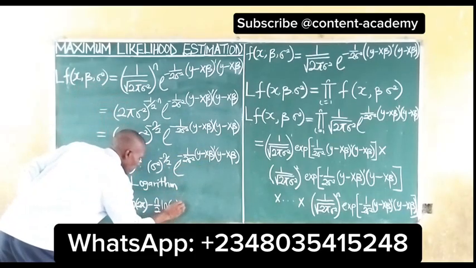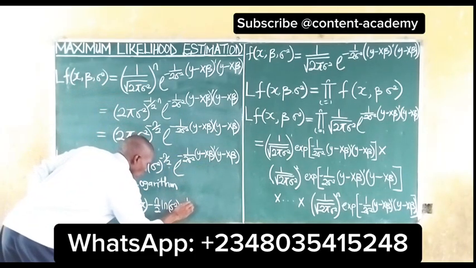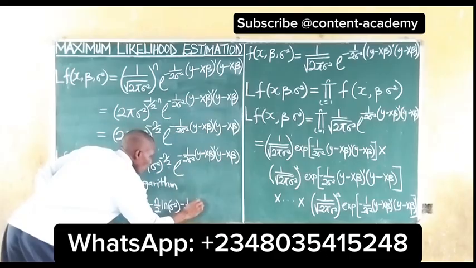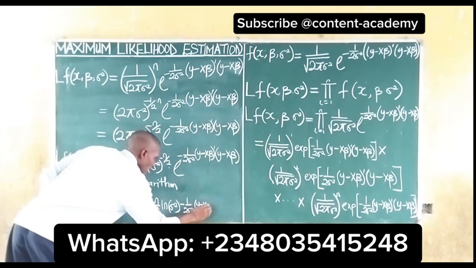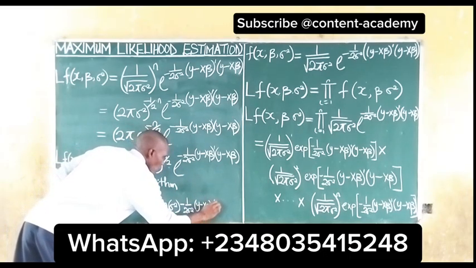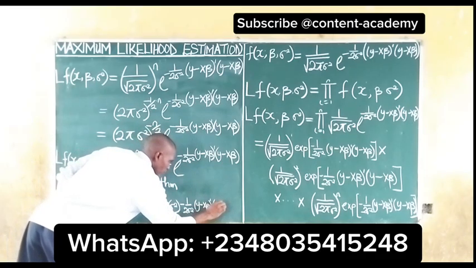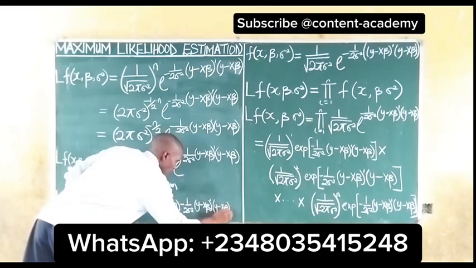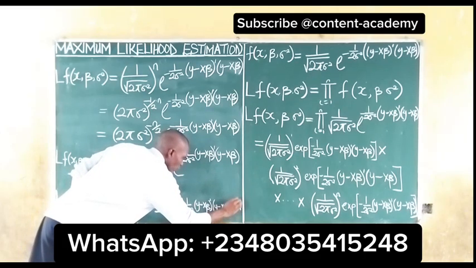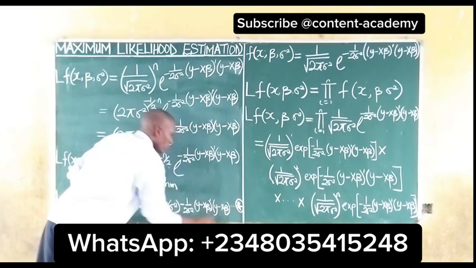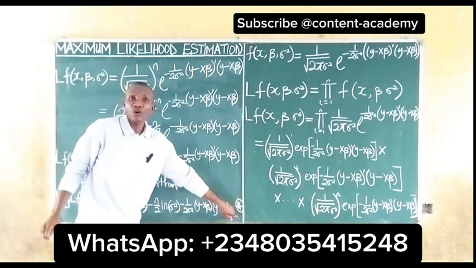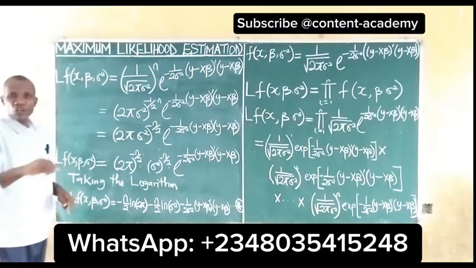So we have negative 1 all over 2 sigma squared y minus x beta transpose and y minus x beta. Let this be our equation star, because we will recall it.